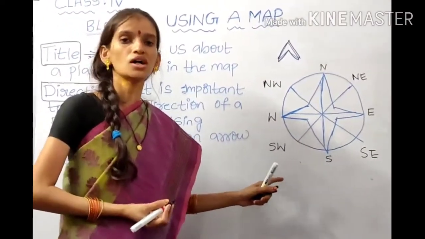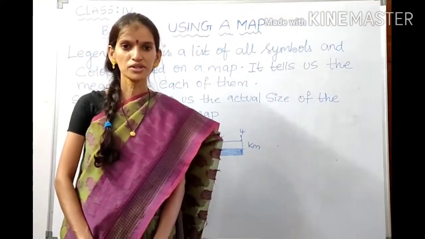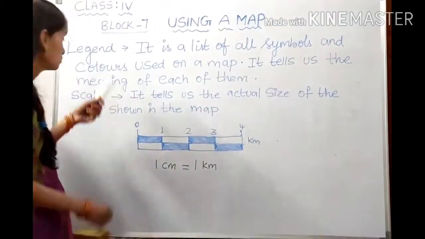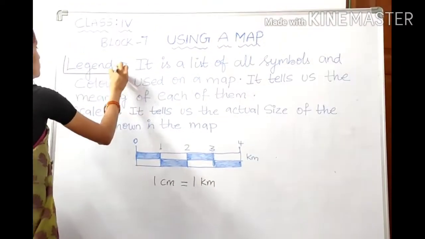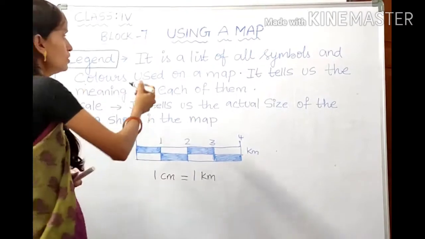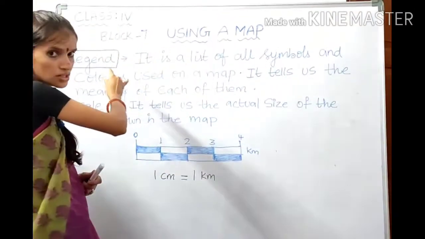So this is the other element of map. Next element of map is legend. What is a legend? It is a list of all symbols and colors.